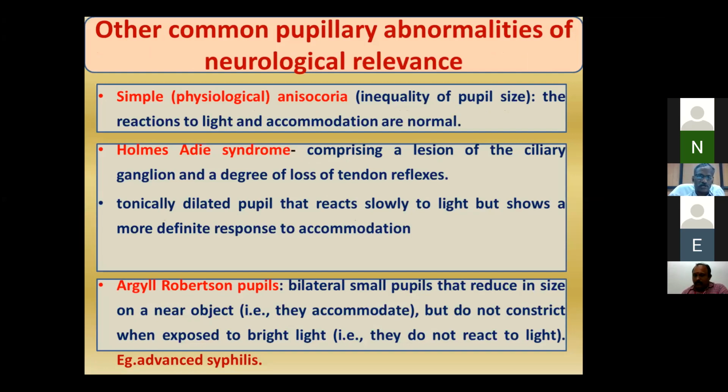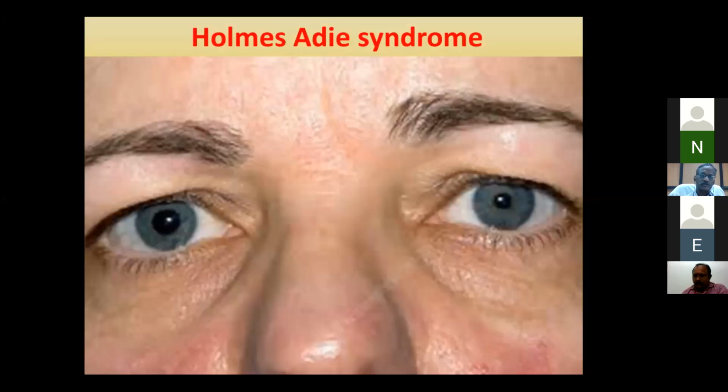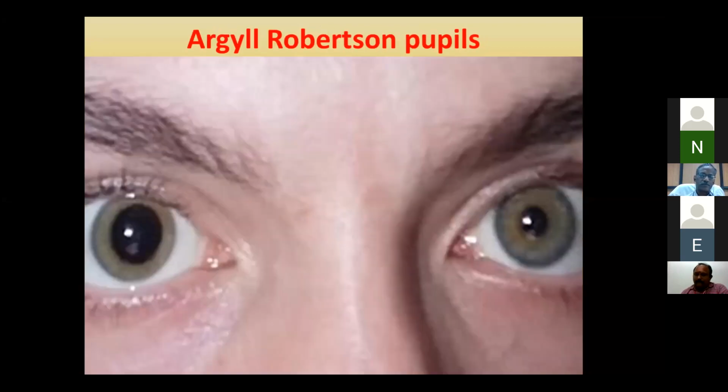Here, bilateral small pupils with an accommodation defect will be there. Where tendon reflex is absent, it is Adie syndrome. When there is no tendon reflex, we go for Argyll Robertson pupil in case of advanced syphilis. In Adie syndrome we have irregular pupils, and in Argyll Robertson pupil also we have irregular pupils, seen in advanced syphilis.